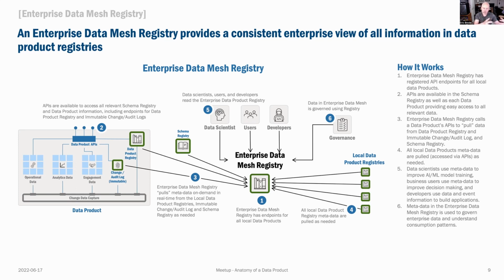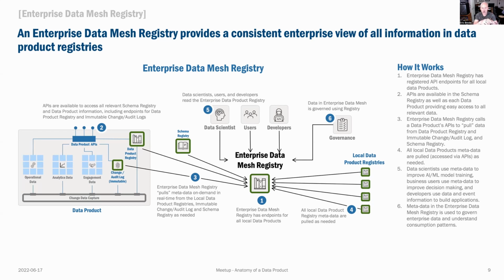Data products own their own metadata, and the enterprise data mesh registry surfaces that data. The primary user interface to this registry is through the enterprise data mesh registry, not going directly to the data product registry, although that is definitely supported and in some cases required.